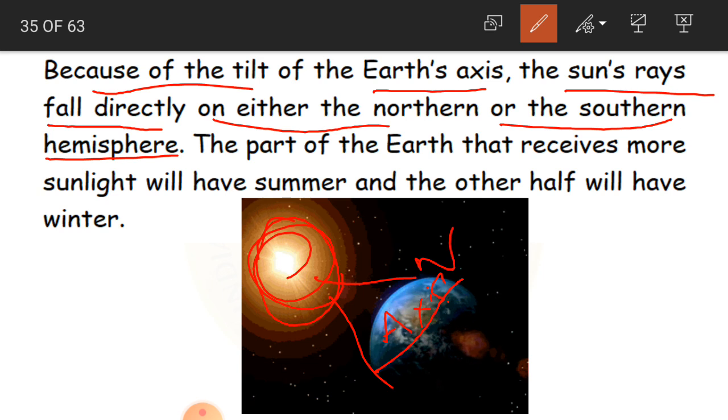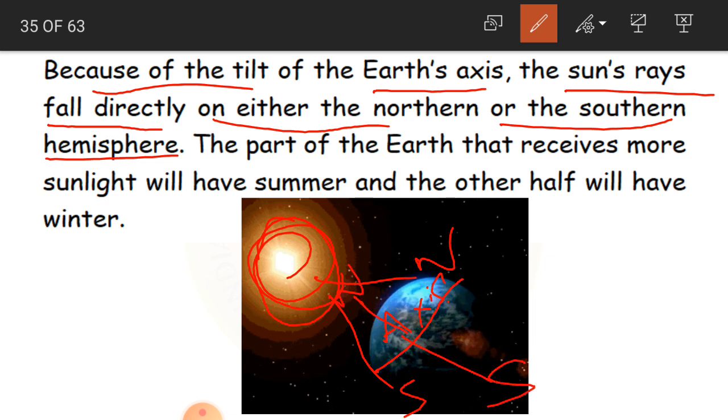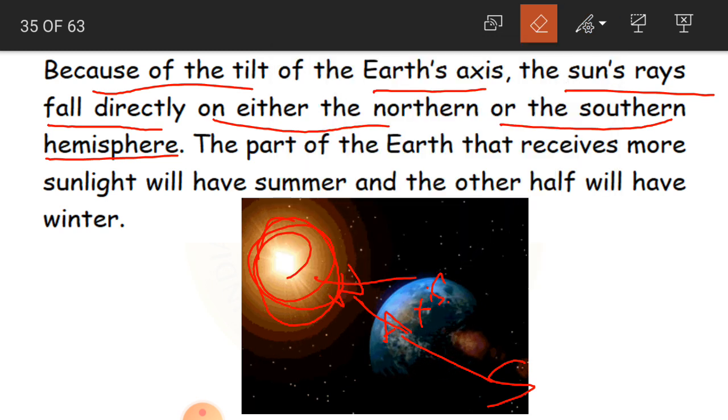Okay, if you assume this is north and this is south, the part of the earth that receives more sunlight will have summer, and the other half will have winter. So if this is north and this is south, children, just a minute. Okay, so one part will be having the complete sunrise and the other part will be having the darker shade.